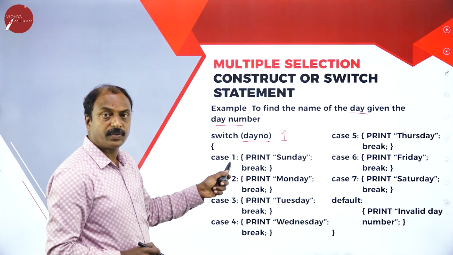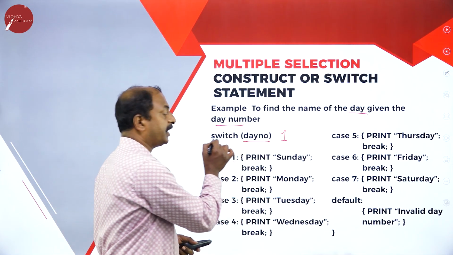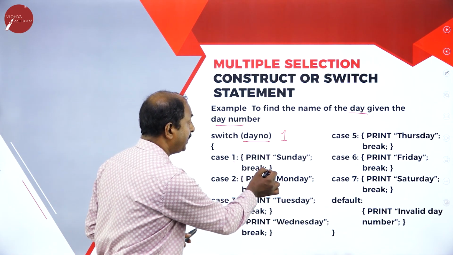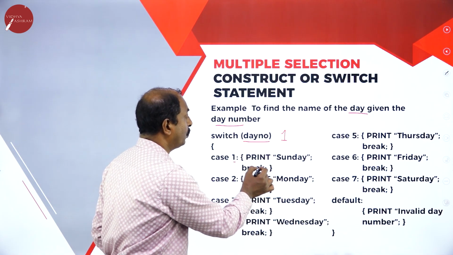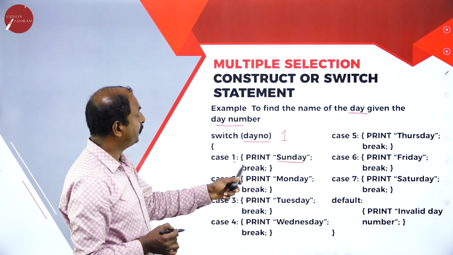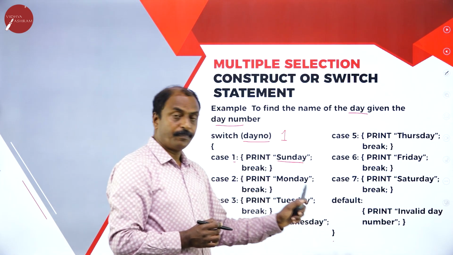Does it match case 1? This one is equivalent to this case value, so it is going to execute this statement, and accordingly it prints Sunday as the result, and because of the break statement, it comes out of the switch case statement.